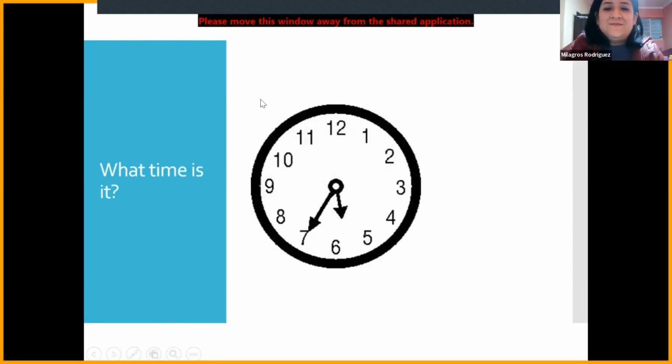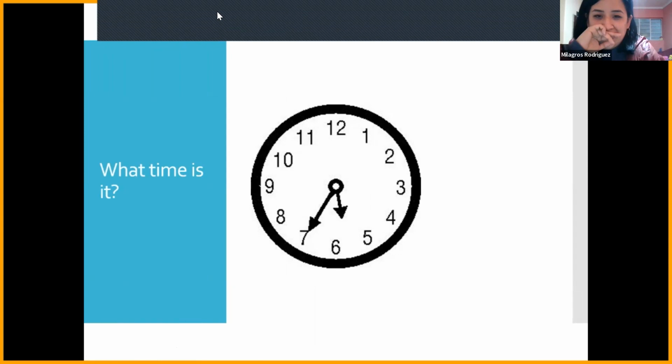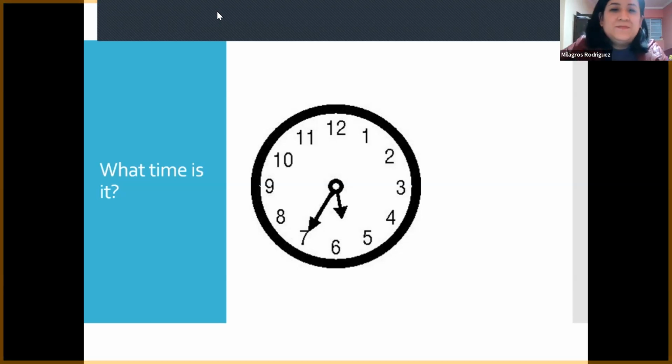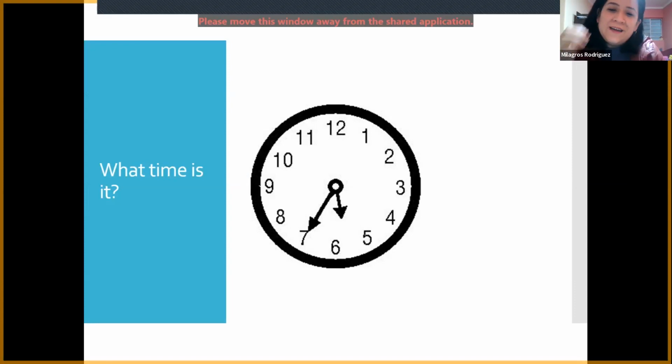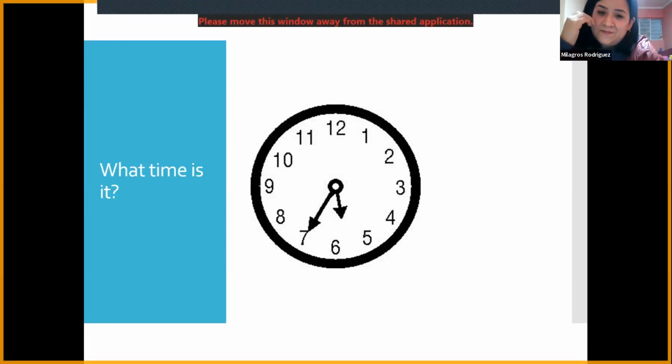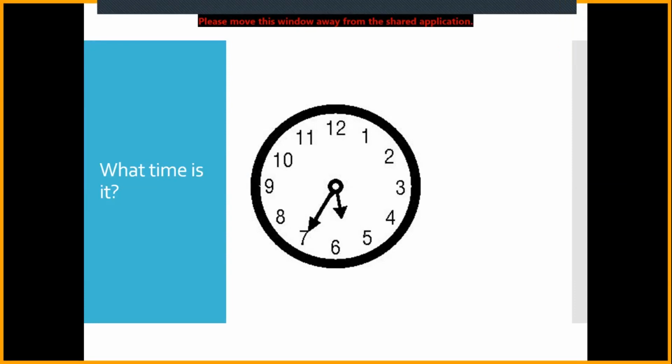What about this? A volunteer to tell me the time in this new clock? 25 to 6.